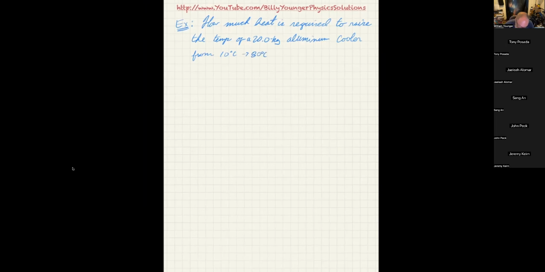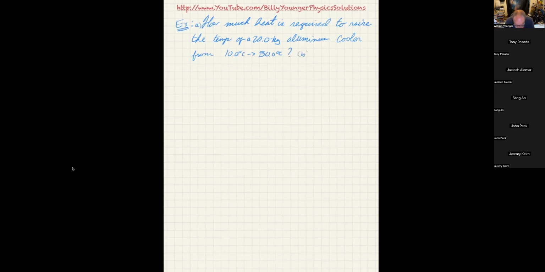Actually, let's make that 3 sig figs: from 10.0 degrees Celsius to 80.0 degrees Celsius. And that'll be part A.